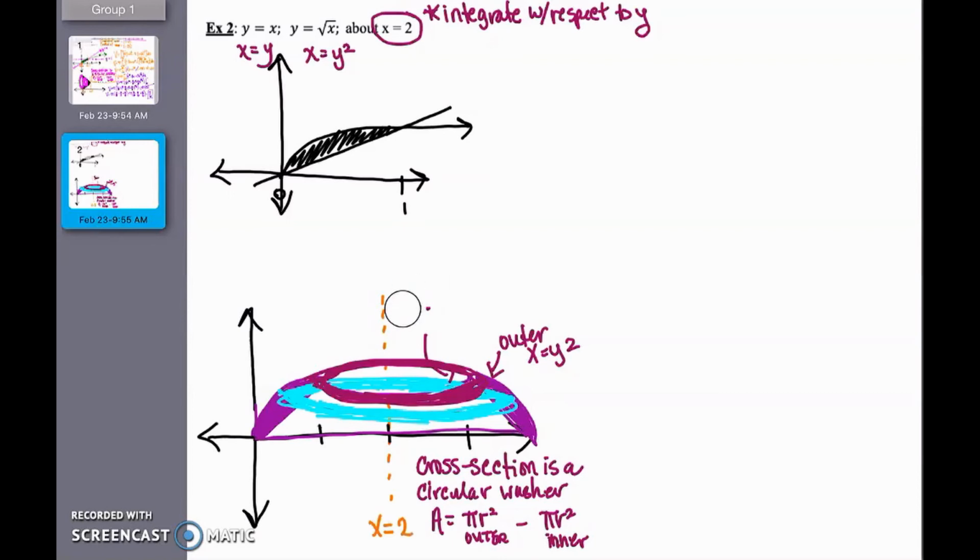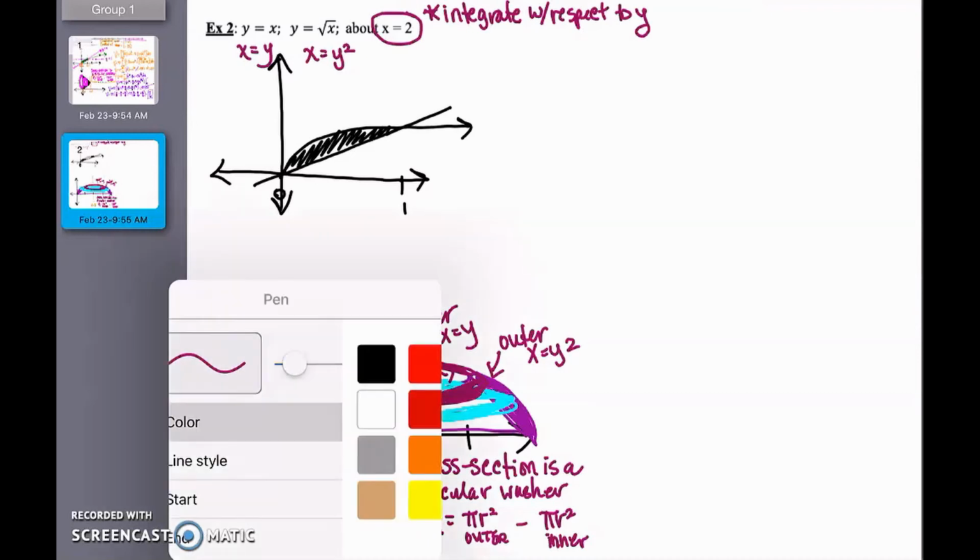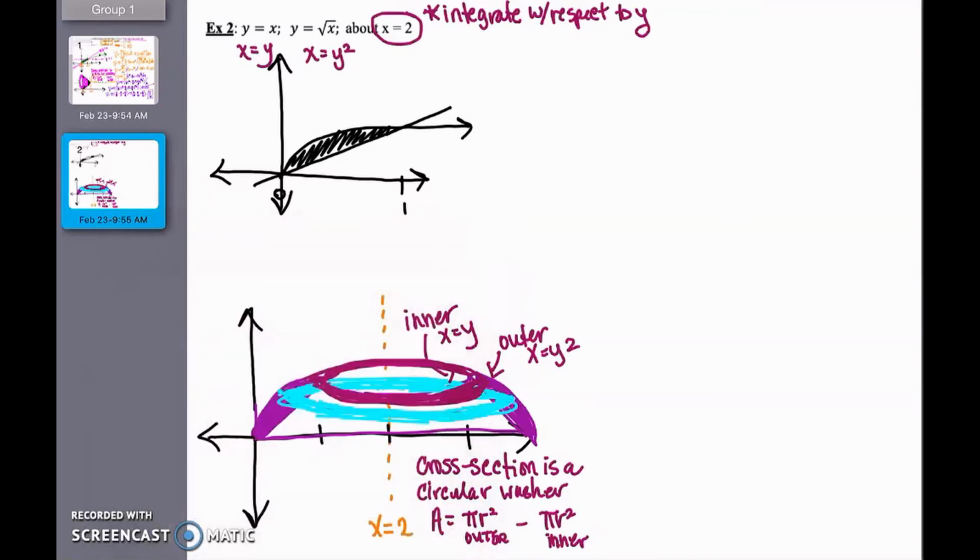My inner function is x equals y. Because the center of my rotational solid is x equals 2, I have to think about that when I decide what my radius is going to be.